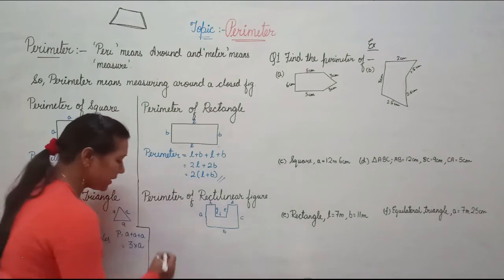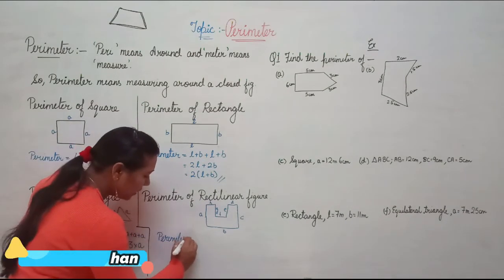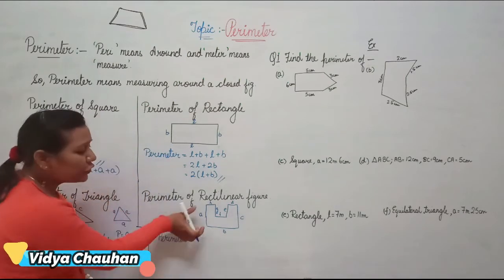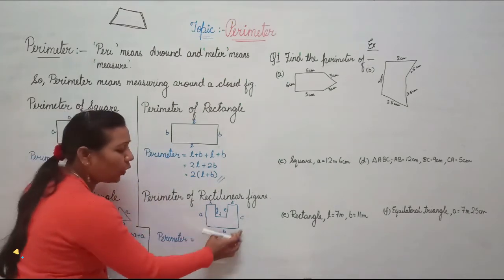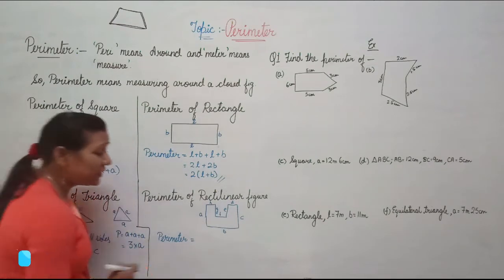To find the perimeter of any irregular figure like this, you just have to add all these given lengths of the different sides.